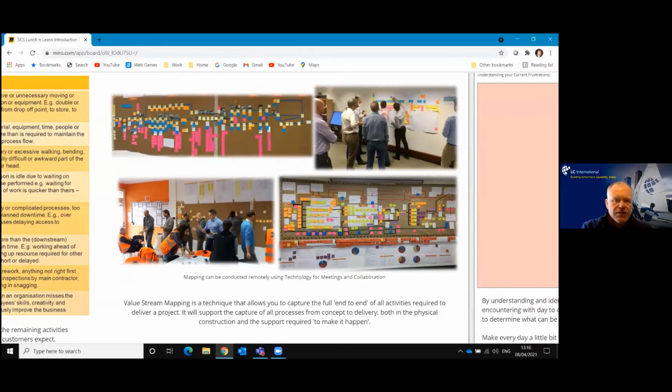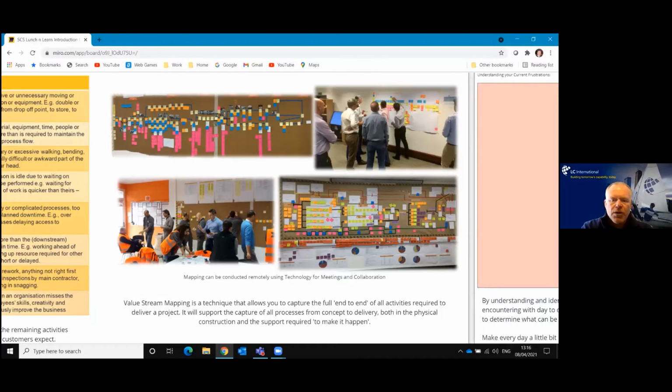And as we can see from these examples in front, we've got a number of people working in the construction and building trade, identifying what their process looks like, and the pink post-it notes are actually identifying all of their frustrations to being able to get the job done as they would expect to do that.